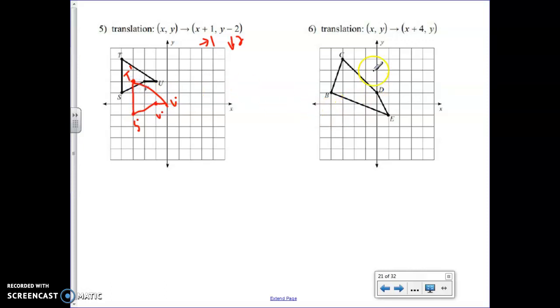Like that. Okay, so in this case, I am going to the right 4, but I'm not moving up at all. There's no movement up or down. So I'm going 1, 2, 3, 4 for each point, including E and B prime.